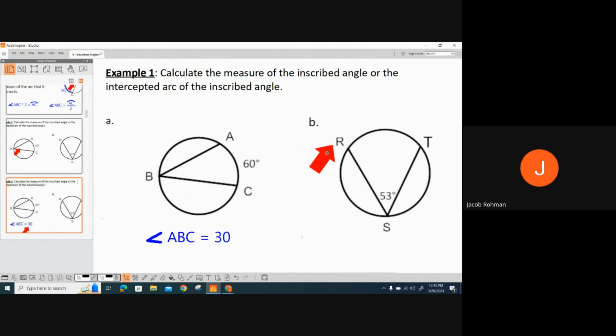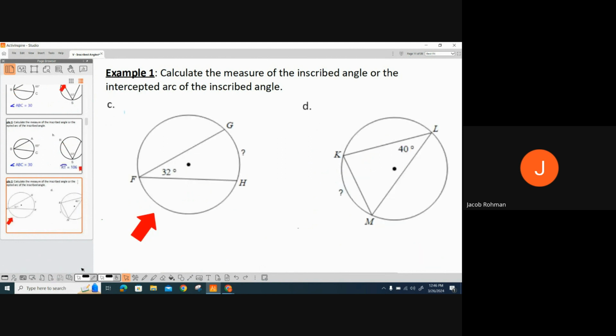And then in letter B, we see that angle RST is equal to 53 degrees. That would mean that the intercepted arc, which is RT, has to be double that. So in this case, arc RT is 106 degrees. In letter C, here we see that angle GFH is 32 degrees.